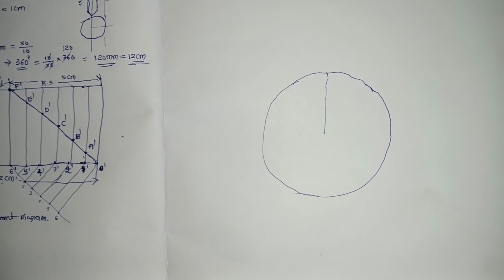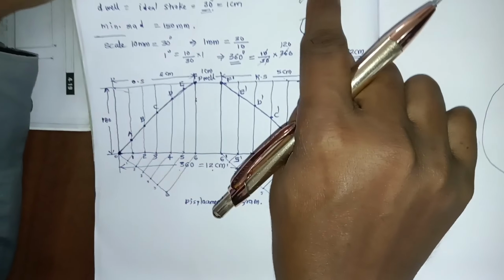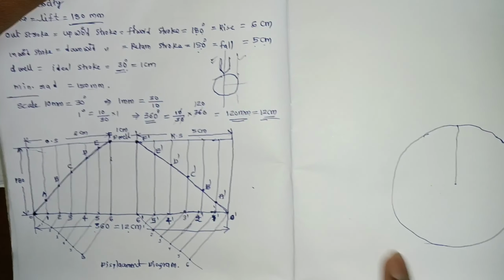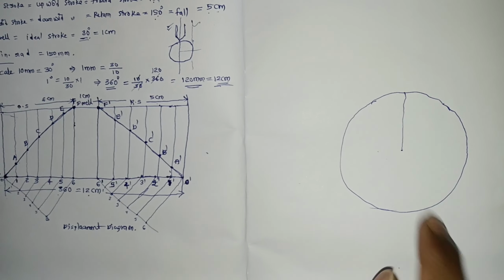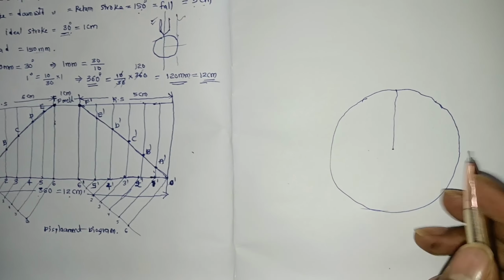This is the outward stroke, that is 6 centimeters or 180 degrees. As you know, the total angle is 360 degrees. Here you have to take 180 degrees from this point, with the help of a protractor.